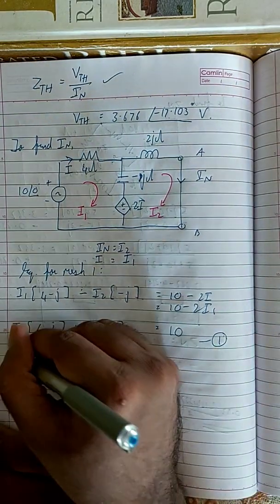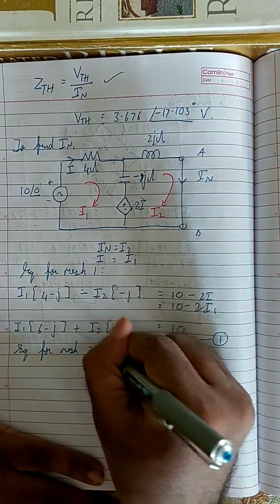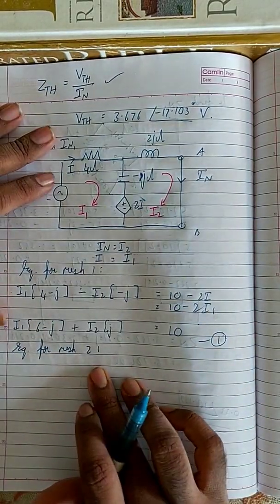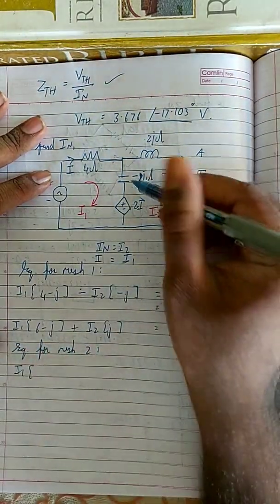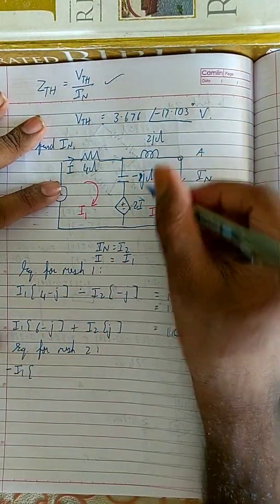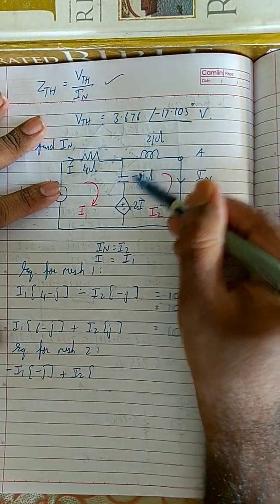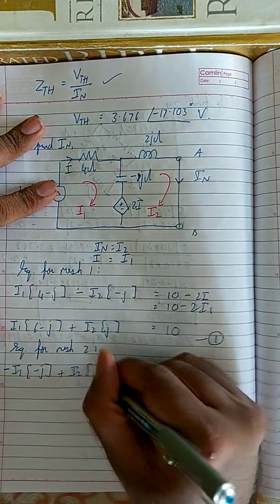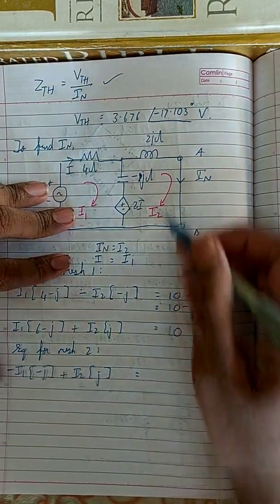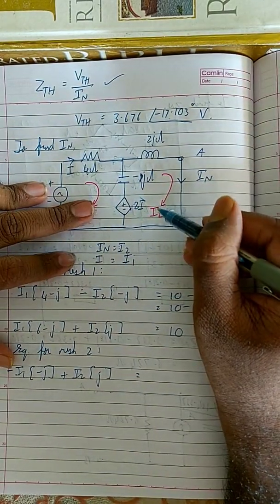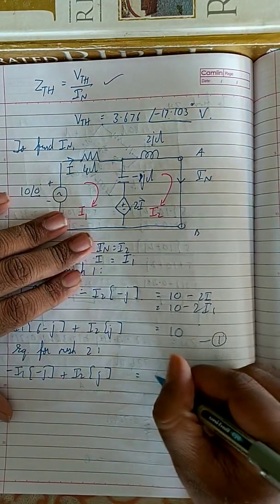Now I'm going to do the equation for mesh 2. Here it is minus I1, and here you have minus j, plus I2 into, and I2 is touching these two elements, that is 2j minus j, which is j itself. And that's it, right? This is equal to, and here the I2 is flowing out of the positive terminal of 2I, so it is plus 2I.